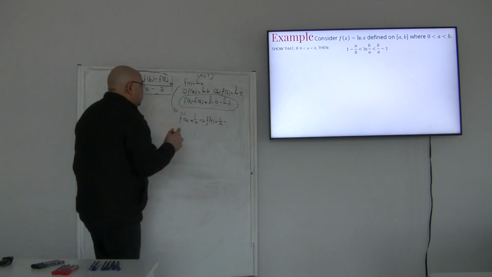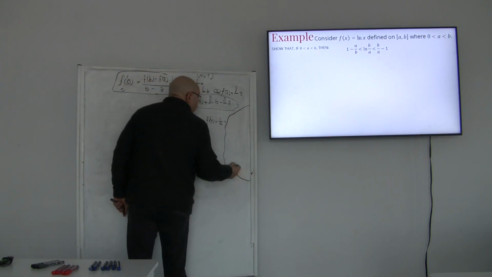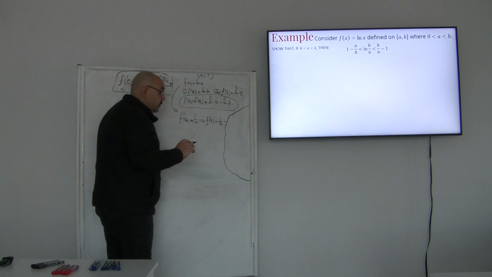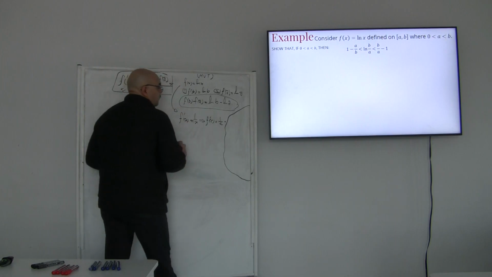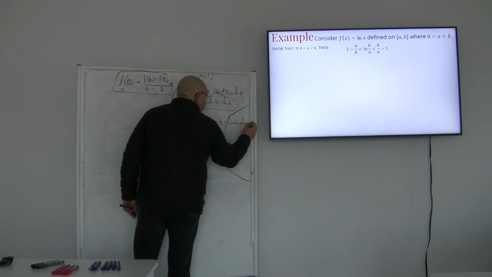But I still remember some of the unforgettable properties of the logarithmic function. There are 3 of them. No one can forget them: ln a plus ln b equals ln of a times b. And also ln a minus ln b is going to be ln of a over b.